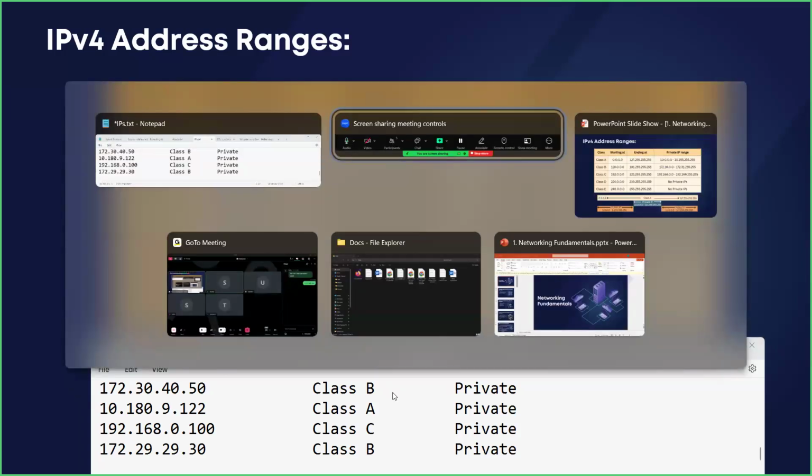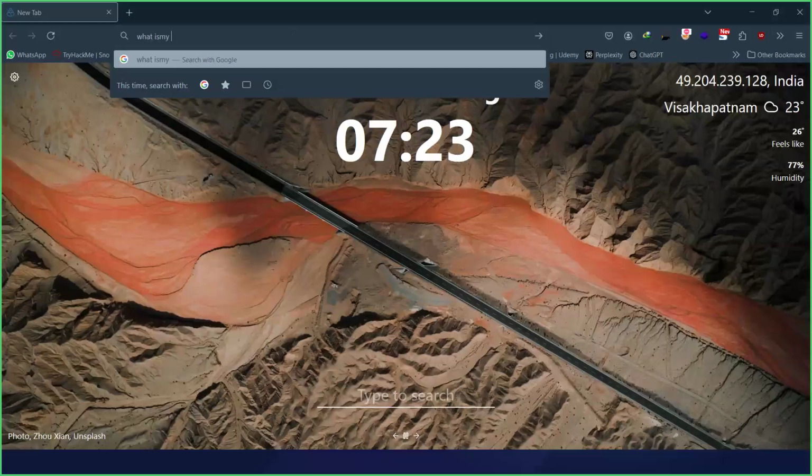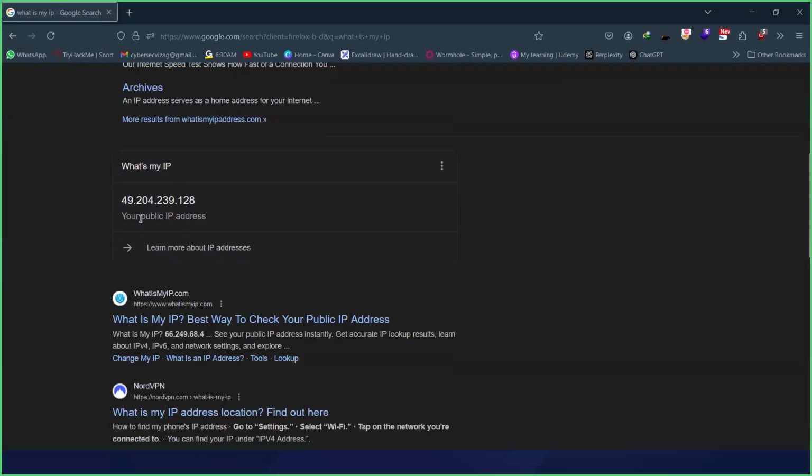If I go to my browser and search for what is my IP, this shows me an address here, 49.204.239.128. If you notice, this is my public IP. Now, looking at this IP, can you tell me which class it is falling under, guys? 49.204.239.